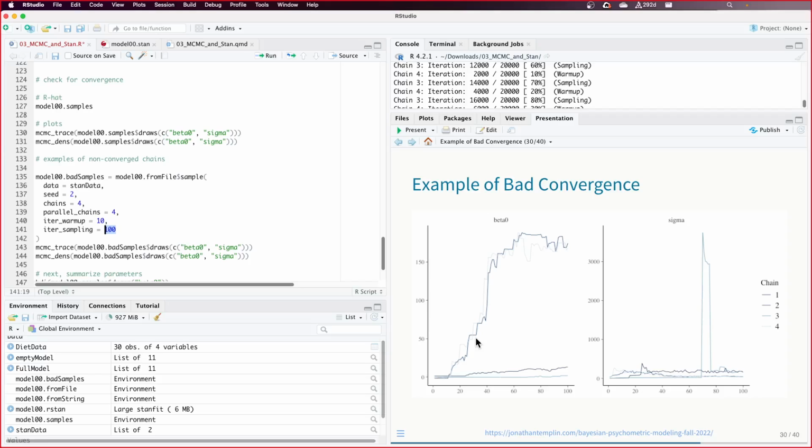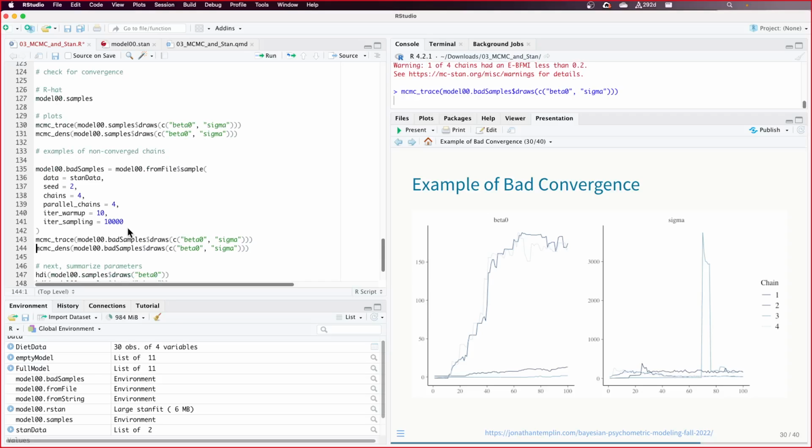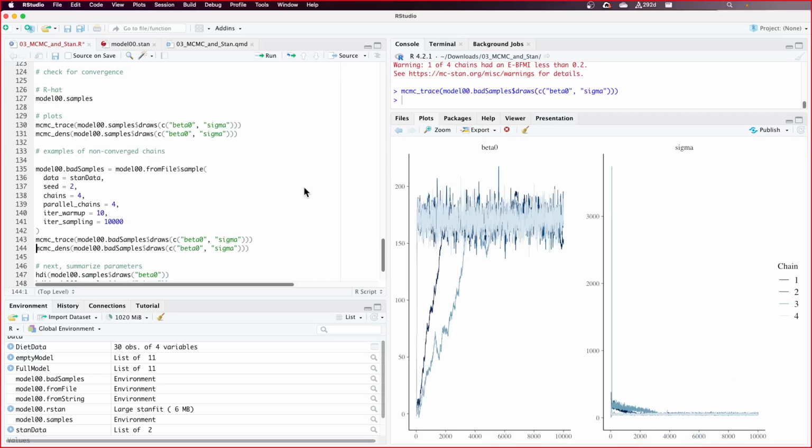Now, if we ran this long enough, let's keep the warm-up iterations the same and run 10,000 sampling iterations. It'll take a little bit longer to run this one. And here's what it looks like from a trace plot. Eventually the chains get there, right? That's the magic of MCMC I was telling you about.